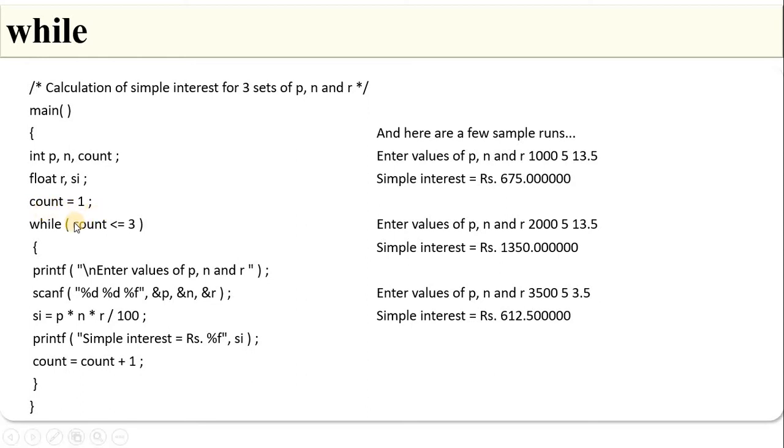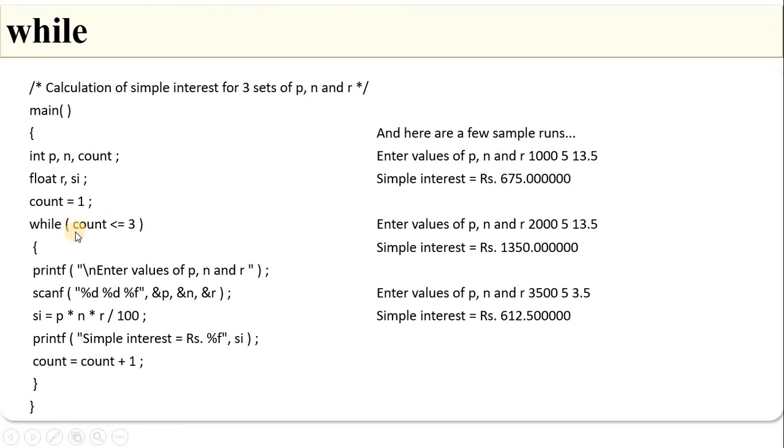As we have seen in the previous session, while loop would always have an initialization before it, and there will be a condition, and then there will be incrementation statements. So here count equals to 1 is an initialization statement.